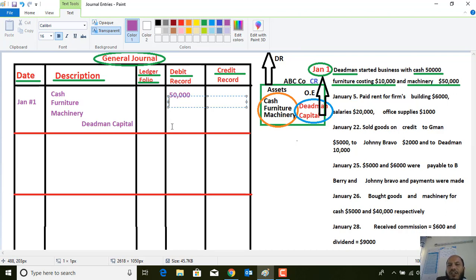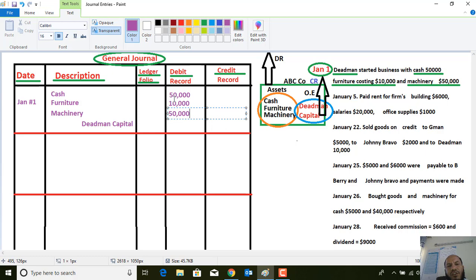His furniture cost was equal to $10,000. And Deedman also invested in machinery. The machinery cost to the business was $50,000.